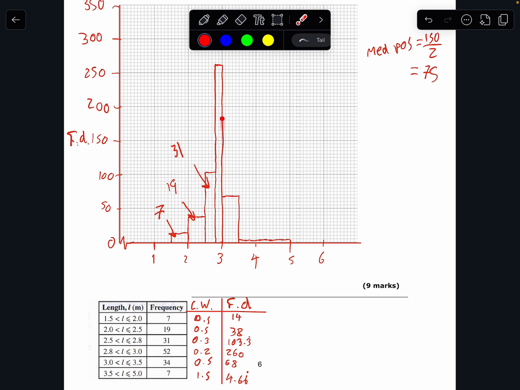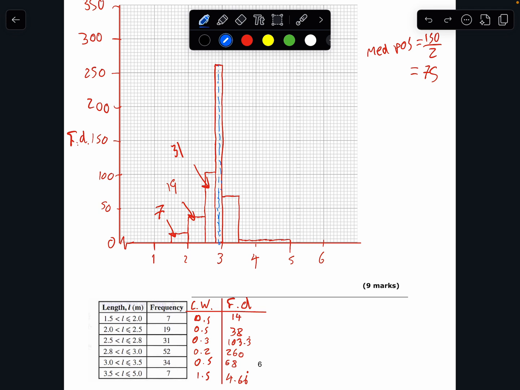If I add this entire bar on, I'm definitely going to be above 75. So somewhere in here there's going to be a line. Okay, I don't know where, let's just draw a line. Like that. Okay, I've drawn it exactly on the line, it doesn't matter. Such that this area on the left is the remaining to get me to 75.